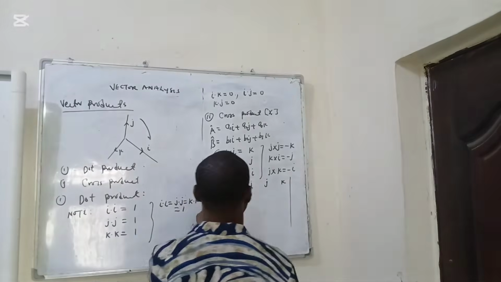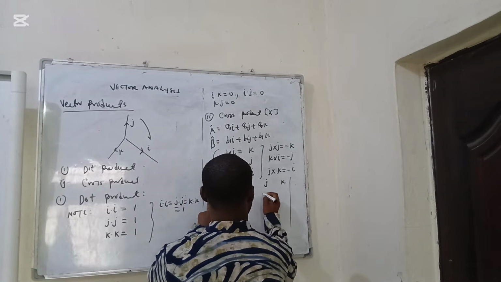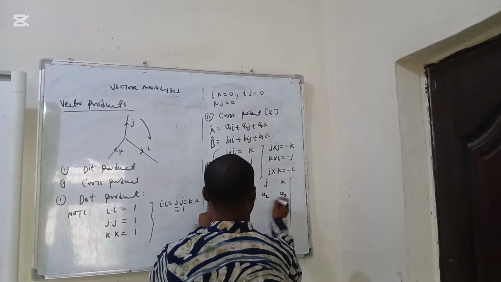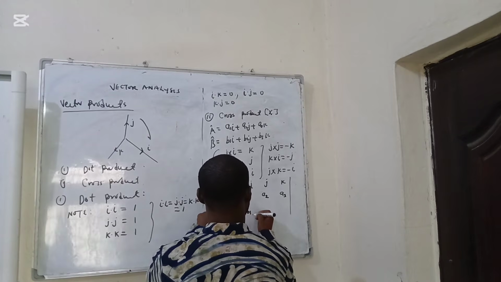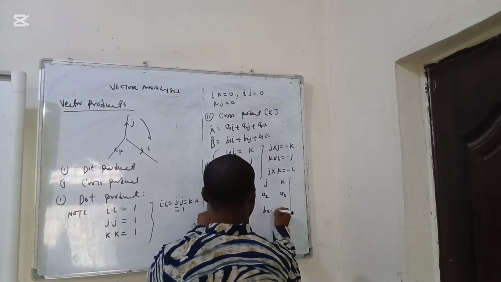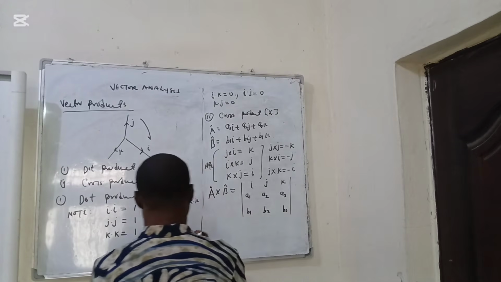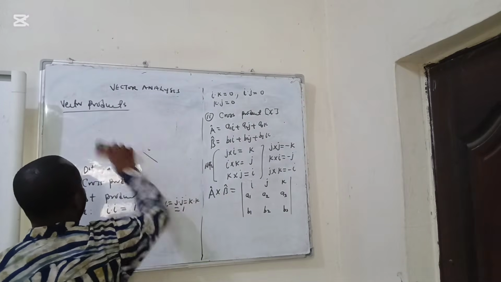Now A comes first, so that means you can put the elements a1, a2, a3, and finally we also include b1, b2, and b3. Please take note of this.